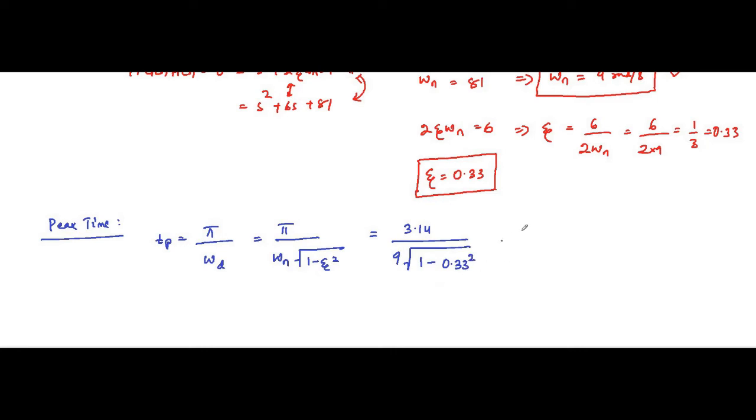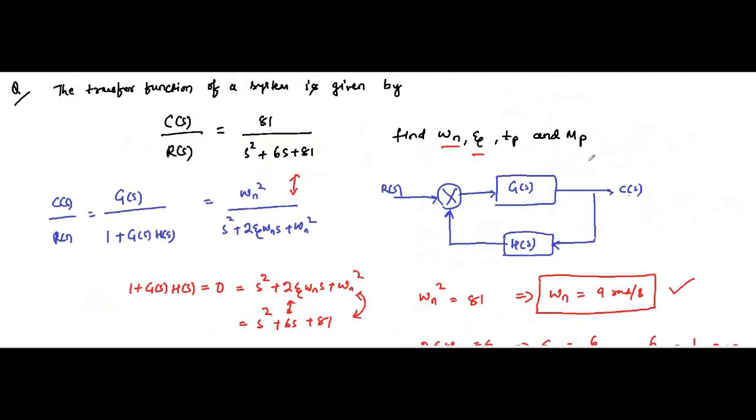If we calculate, we are getting the peak time coming around 0.3695 second, which is almost 0.37 second. So we have calculated the peak time, Tp.